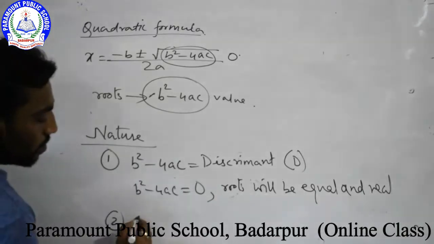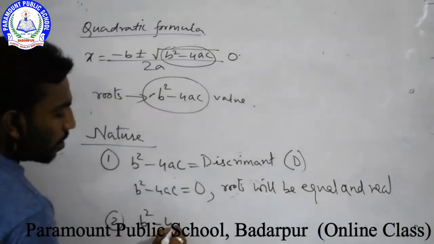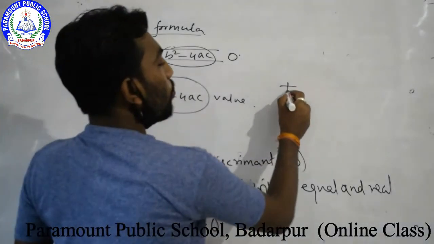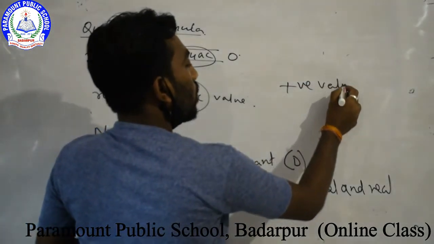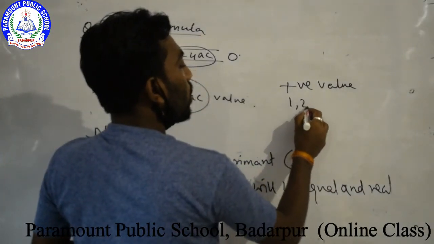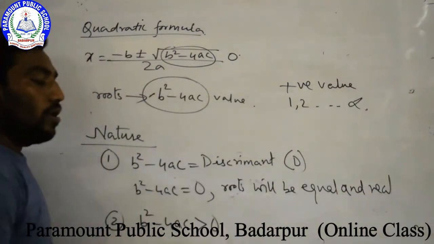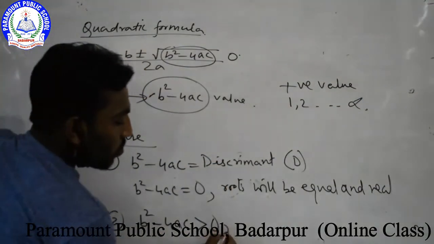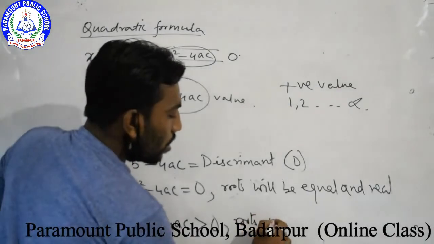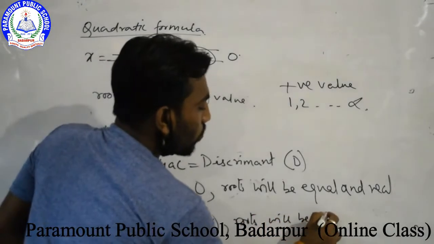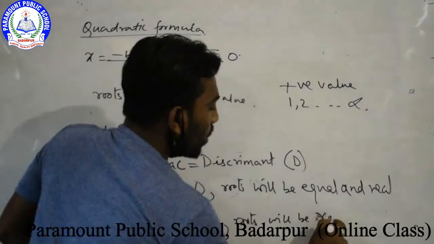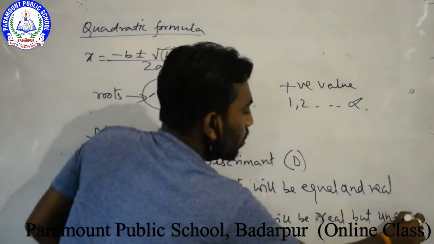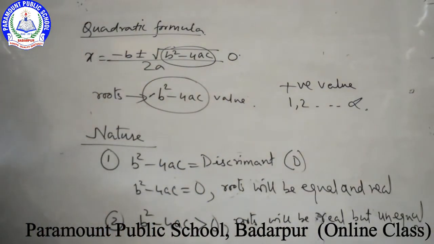Second case is, if our discriminant value becomes greater than 0. Greater than 0 means all the positive values. Our positive value starts from 1 up to infinity. So if we get the values as positive, then our roots will be real but unequal, means our solution will not be same.